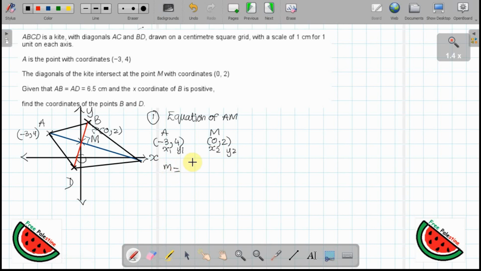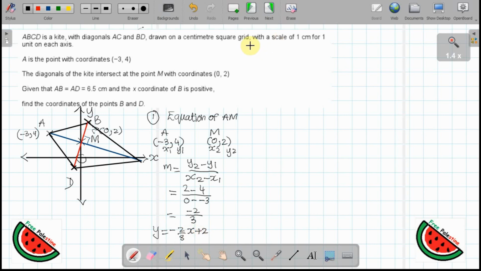Then to find the gradient, it's the vertical difference divided by the horizontal one. So y2 minus y1 over x2 minus x1. Now y2 is 2, y1 is 4, x2 is 0, x1 is minus 3. 2 minus 4 is minus 2, 0 minus minus 3 is 3. So the gradient for this line AM is minus 2 over 3. And the y-intercept I can see is 0, 2. So the equation of this line is y equals minus 2 over 3 x plus 2.